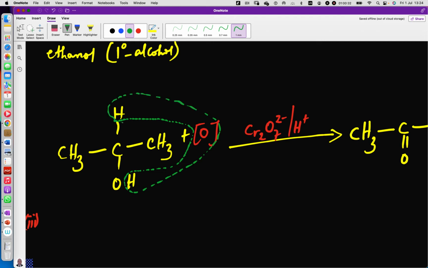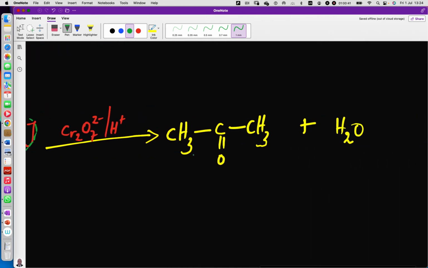A molecule of water has been removed. This is the molecule of water that has been removed from here to give us this ketone.